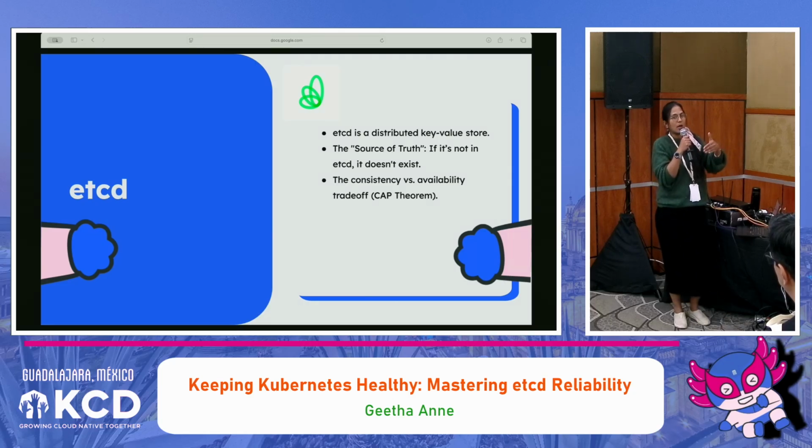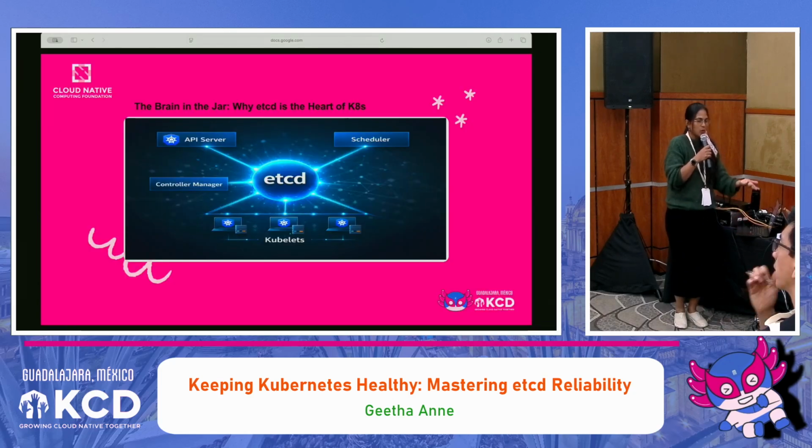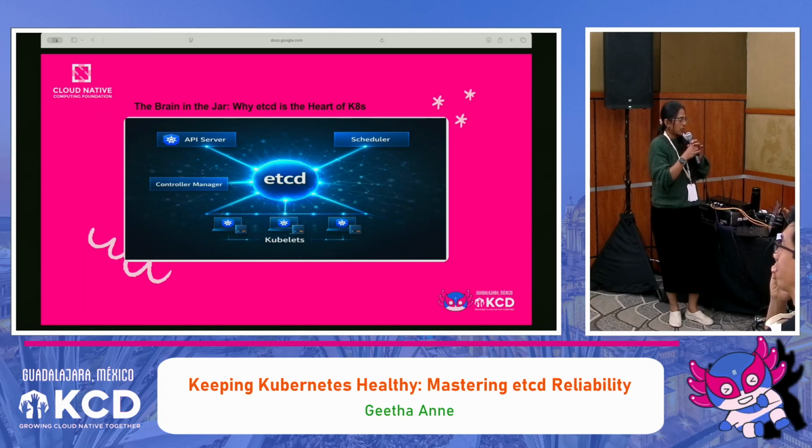And if etcd is down, the cluster is down. Unfortunately, it's a cascading impact. It also follows MVCC, multi-version concurrency control, meaning that it maintains a full version history for every key. It's kind of overhead also, but it just follows that protocol.